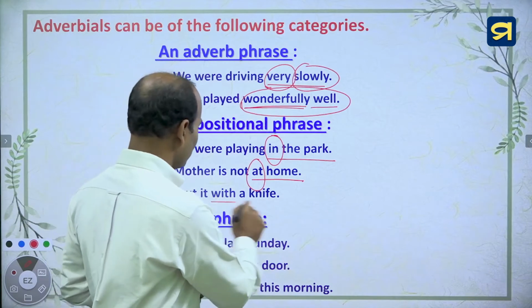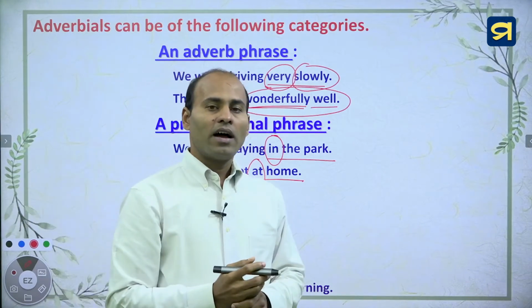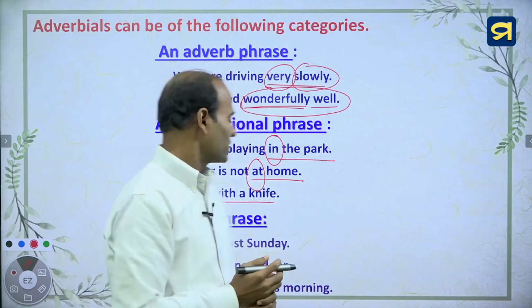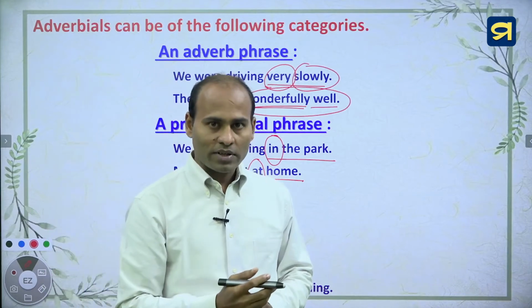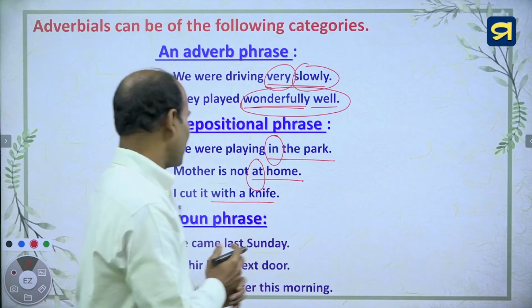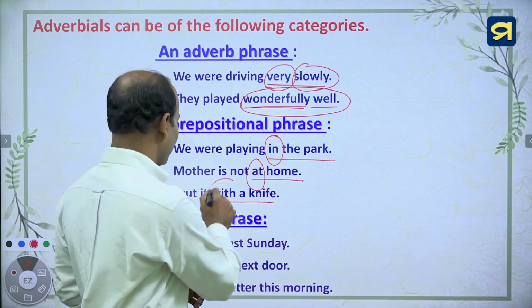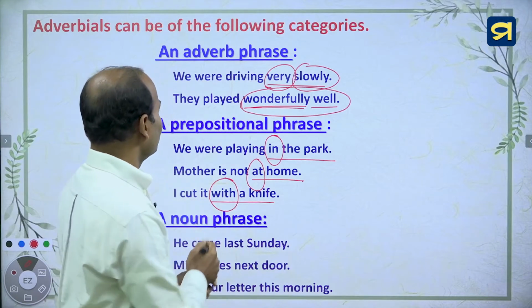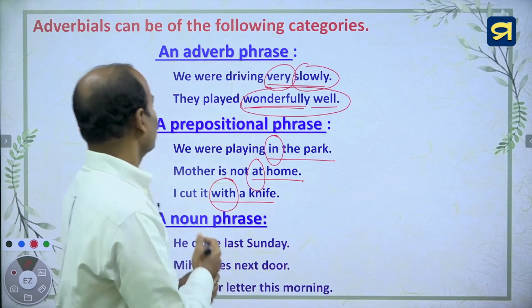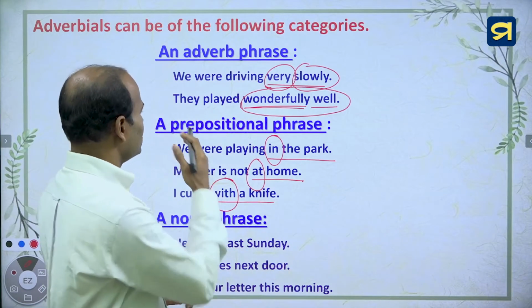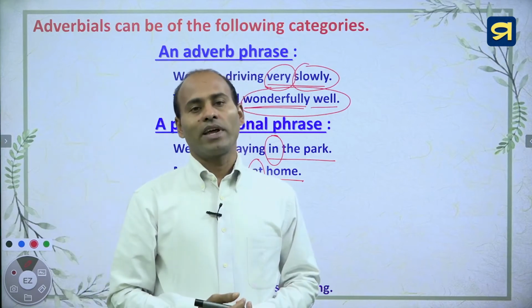If you put a question here, how did I cut it? You will get the answer, with a knife. In this phrase you will see that the phrase begins with the preposition with. That's why you can say that this is a prepositional phrase.